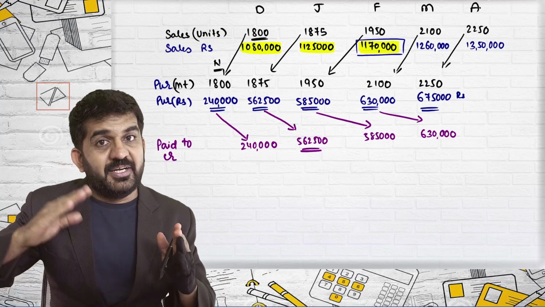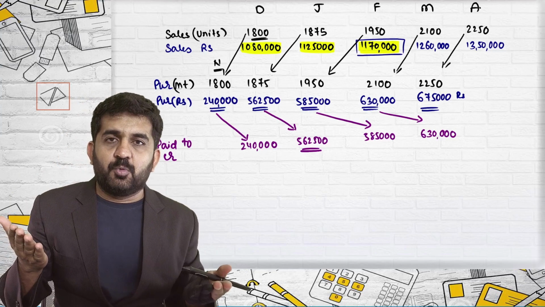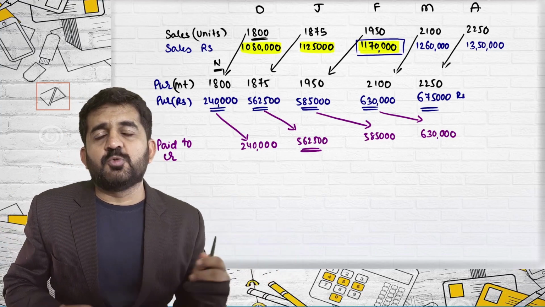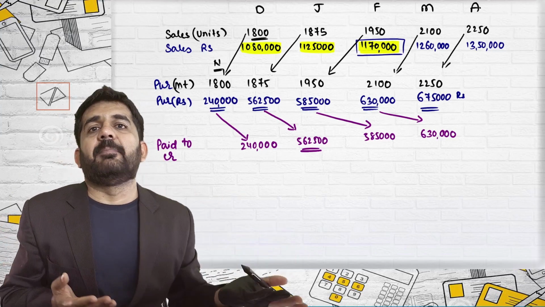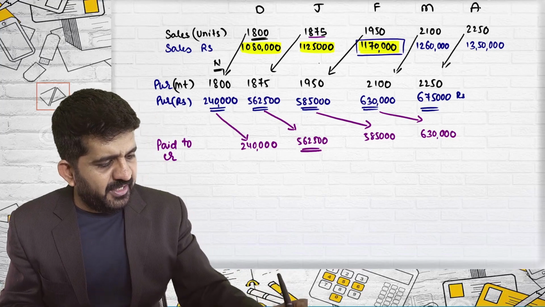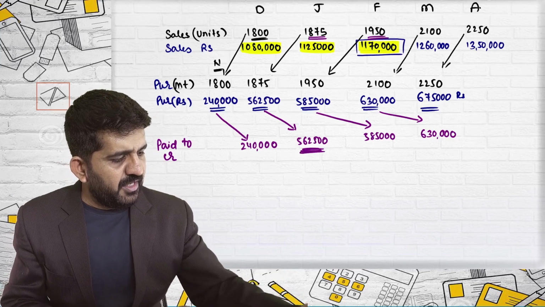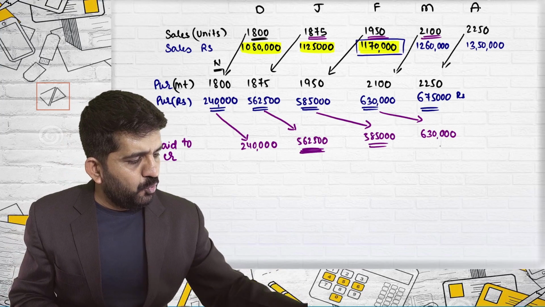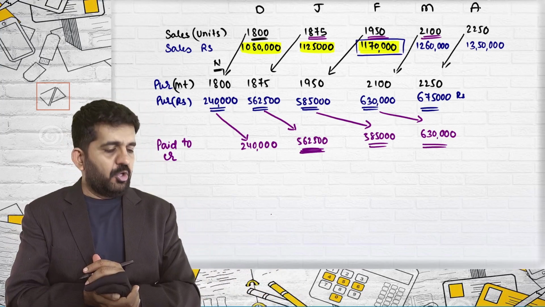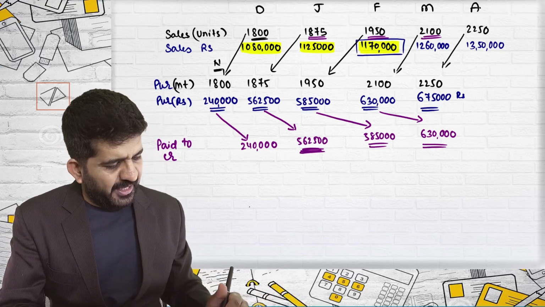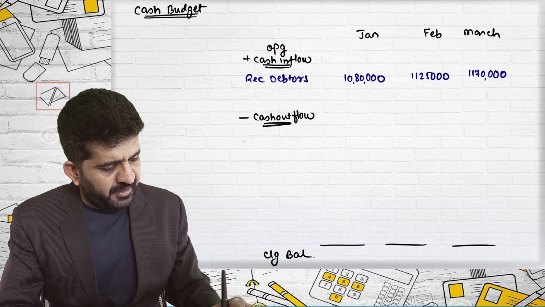February purchases will be done in January but paid in February. March purchases will be done in February but paid in March. So you could have done 1875 into 300, 1950 into 300 and 2100 into 300. You would have got the same answer. Paid to creditors: 562,500.